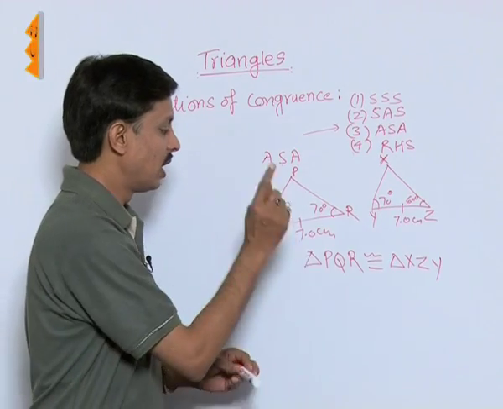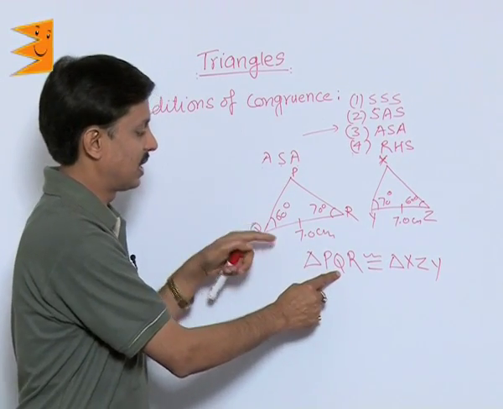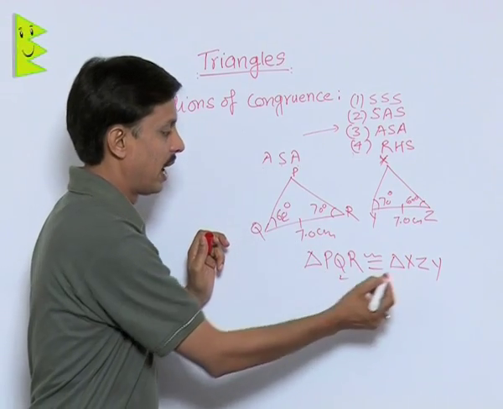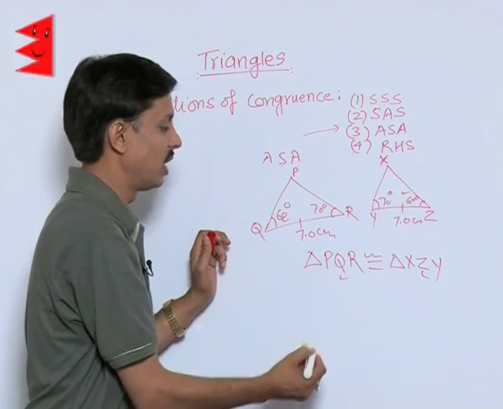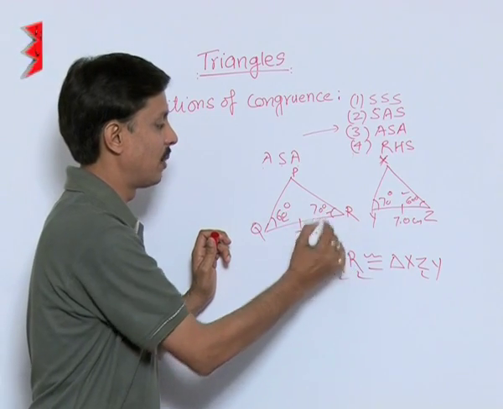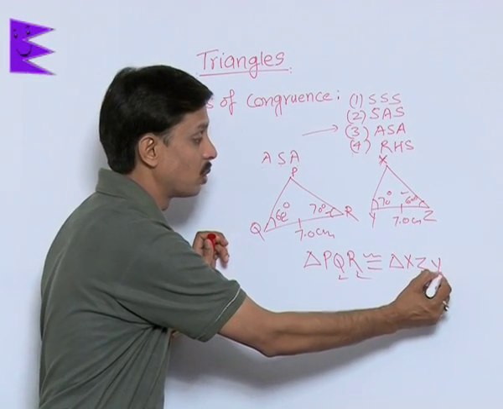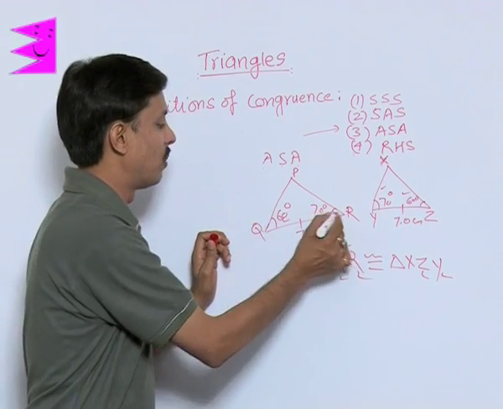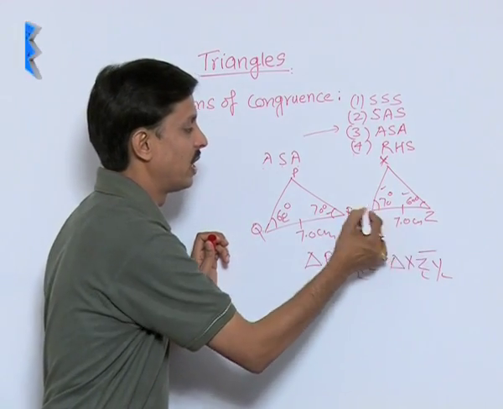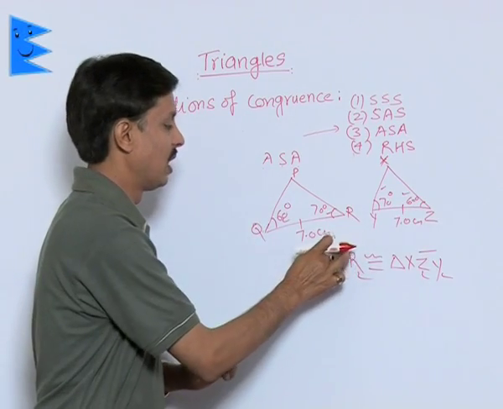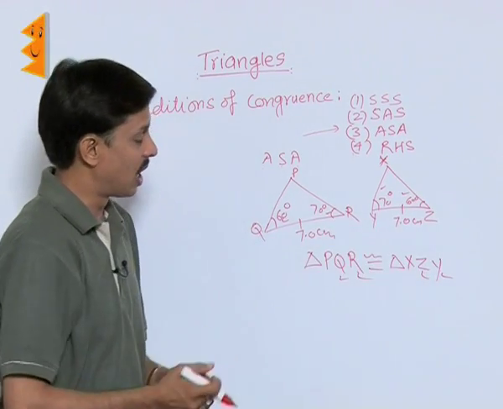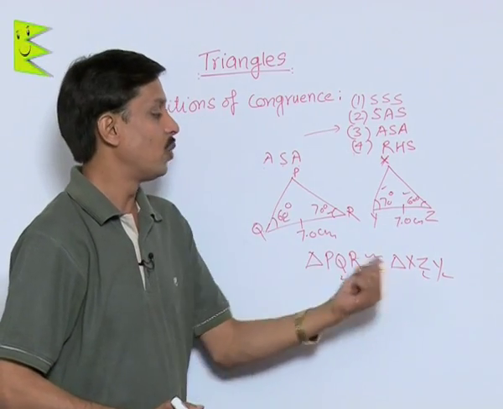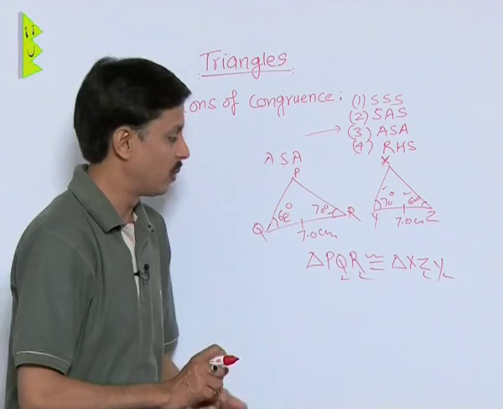Because you can see here the second vertex has the angle 60 degrees, and here Z is with 60 degrees. The third vertex R has 70 degrees, and here also the third vertex Y is with 70 degrees. QR is how much? 7, and YZ is also 7. Ultimately, what is coming out? That in order, triangle PQR is congruent to triangle XZY.